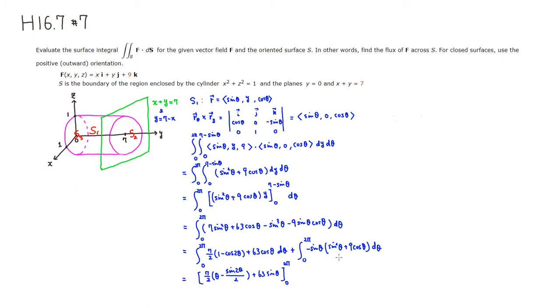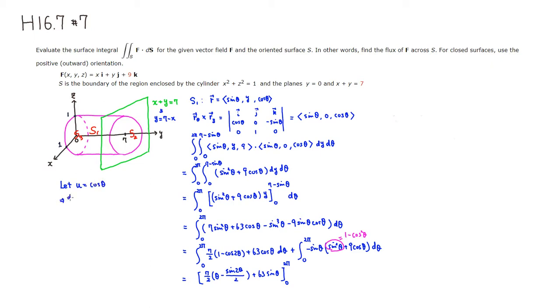And here we can probably use the substitution, since we can rewrite this as 1 minus cosine squared of theta. So I'm going to use a substitution. I'm going to let u be cosine of theta.